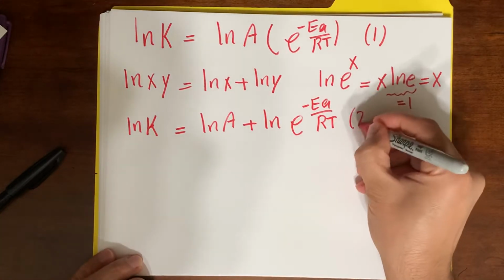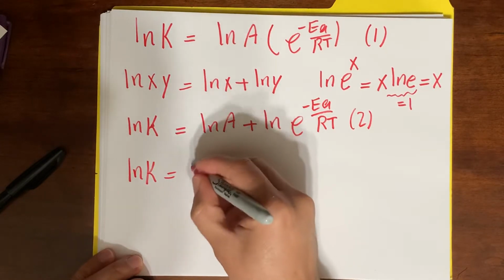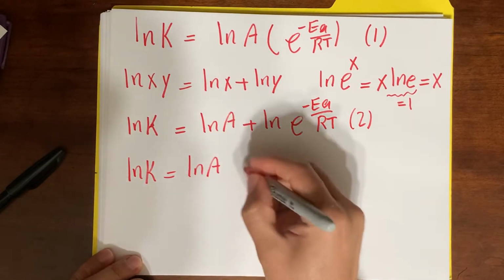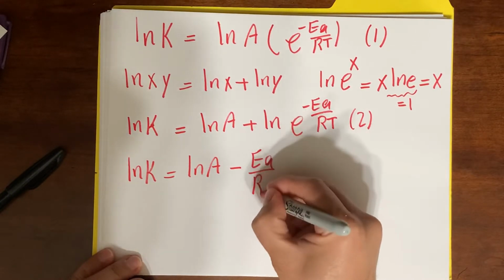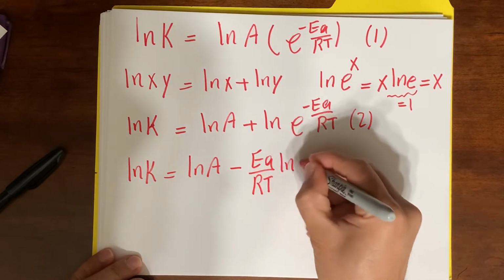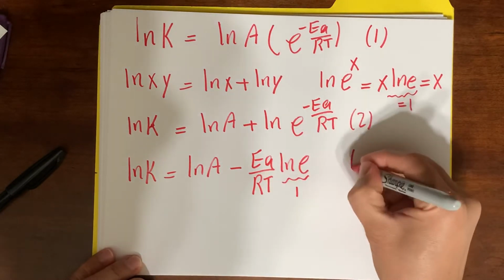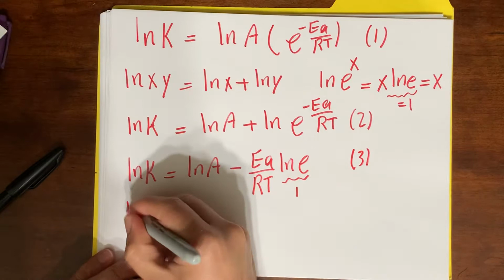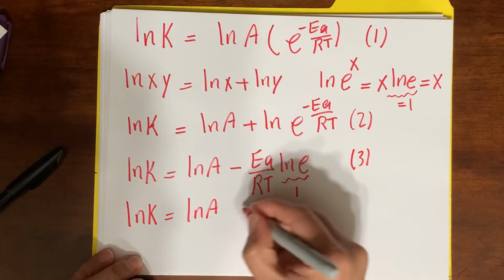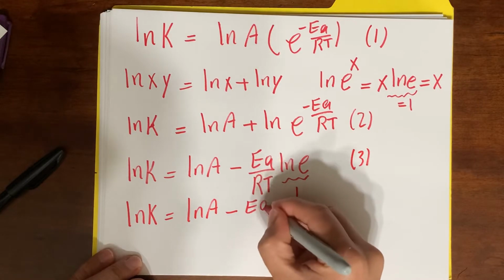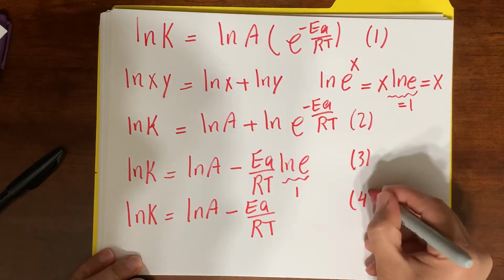So we call it 2. ln of K equal to ln of A minus EA over RT ln of e. And this is equal to 1. So we get ln of K equal to ln of A minus EA over RT. I'm going to call it 4.